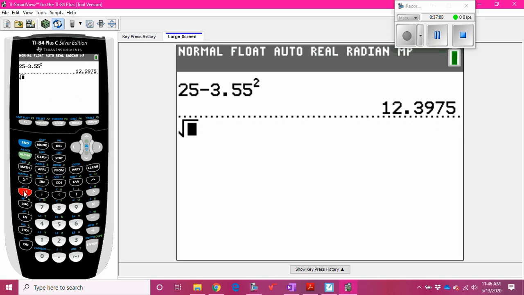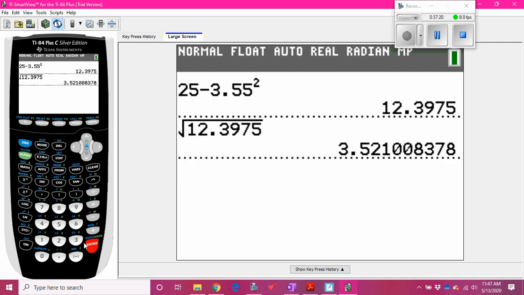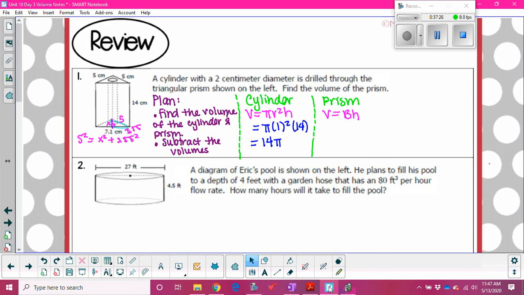So I'm going to go ahead and highlight it by clicking the up arrow, then click enter to get it right there, and click enter again to get the answer. So the answer is 3.52. We're just going to do that there. Okay, so 3.52 is approximately my height.